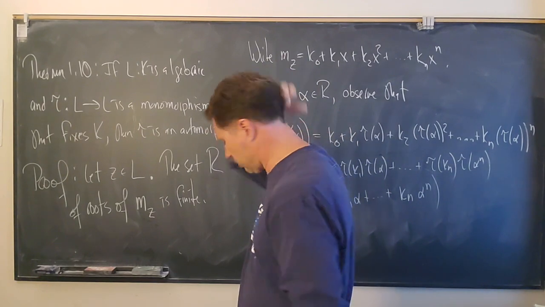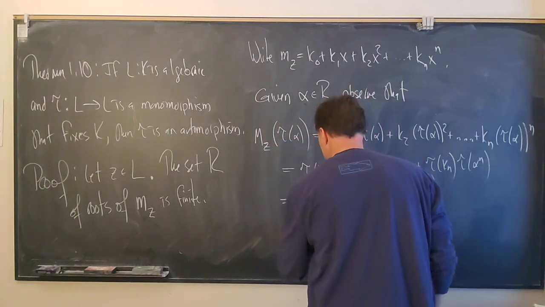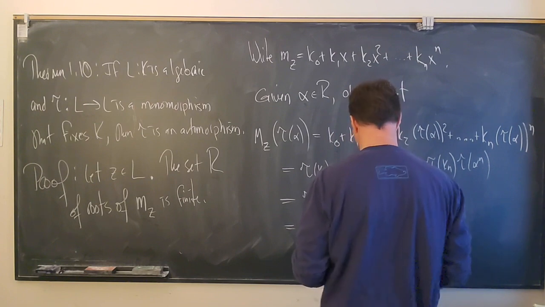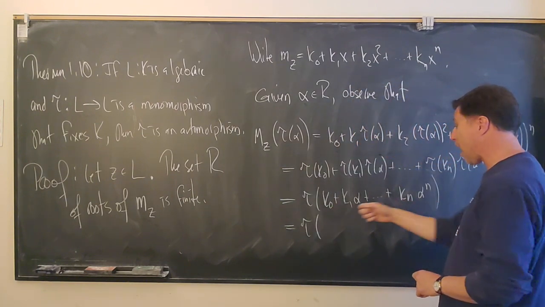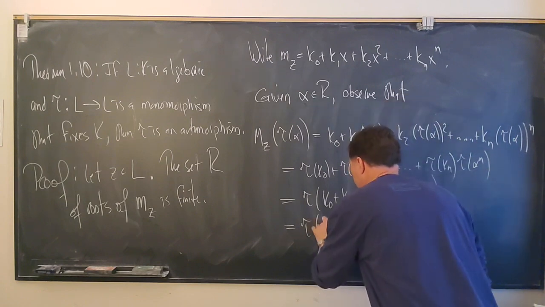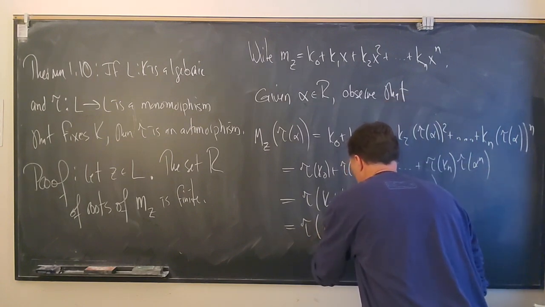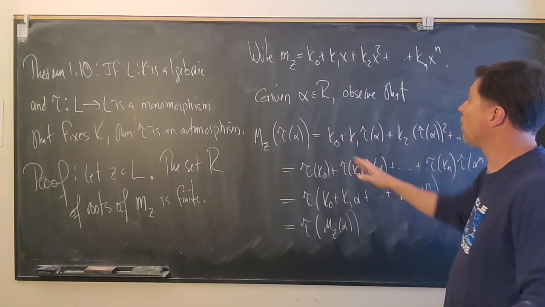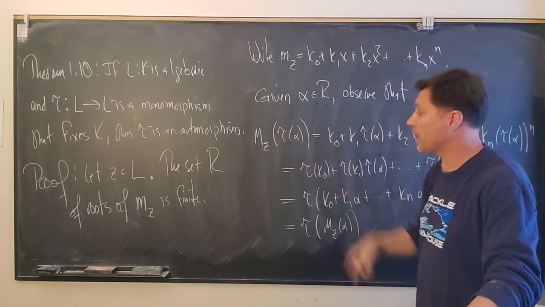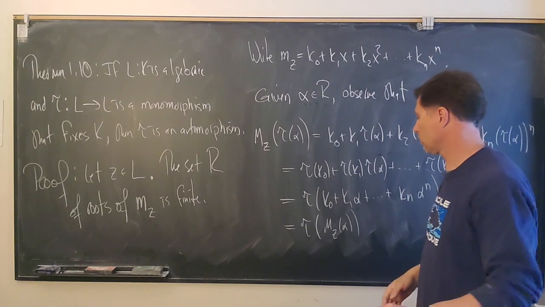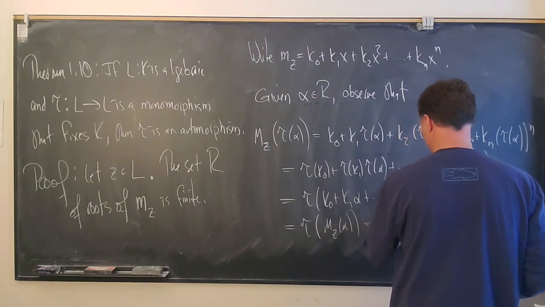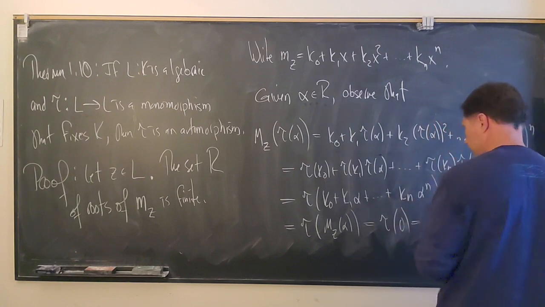That's equal to, well, this is the result of plugging alpha into the minimal polynomial, so this is m sub z of alpha. Oh, but alpha is a root of that polynomial, so this is 0 inside the parentheses. So we get tau of 0, which is 0.